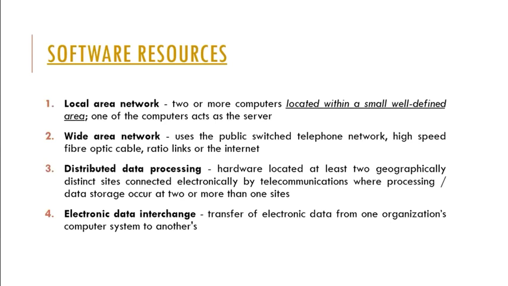And then we have distributed data processing. Hardware is located in at least two geographically distinct sites connected electronically by telecommunications, where processing or data storage occurs at two or more sites. Most big firms even employ BPO companies, correct? These BPO companies perform specific tasks for a certain corporation.